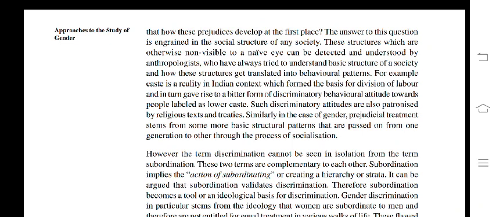For example, caste is a reality in Indian context which formed the basis for division of labor and in turn gave rise to a bitter form of discriminatory behavioral attitude towards people labeled as lower caste. Such discriminatory attitudes are also patronized by religious texts and treatises. Similarly, in the case of gender, prejudicial treatment stems from some more basic structural patterns that are passed on from one generation to another through the process of socialization.